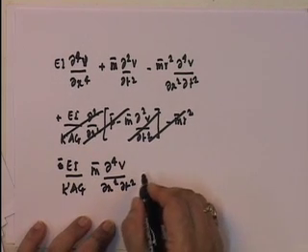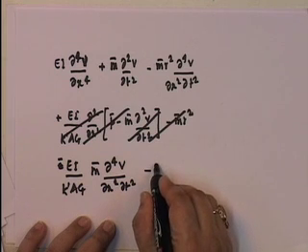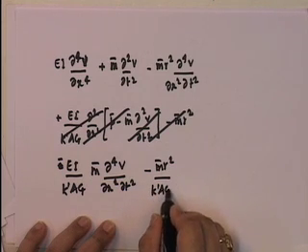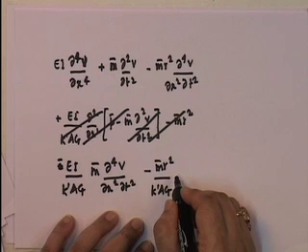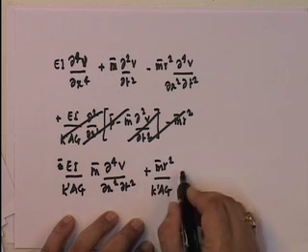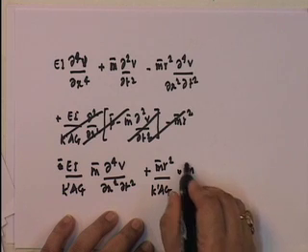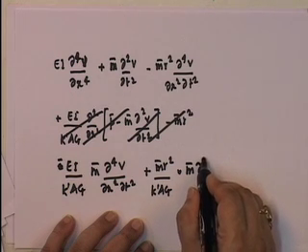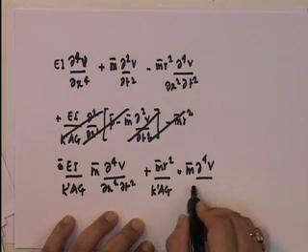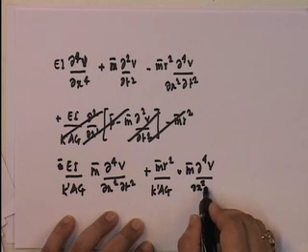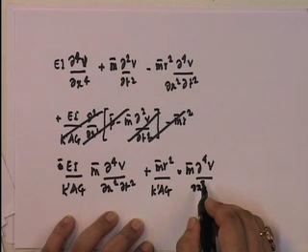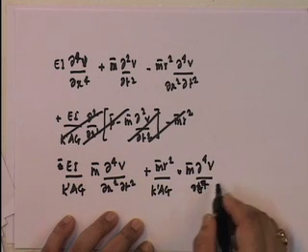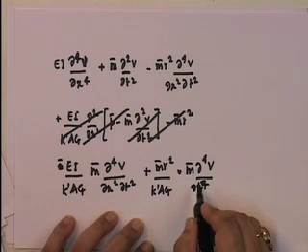Then we have minus m bar r squared upon k prime a g into m bar del fourth v by del x squared del t squared, sorry, this is del fourth by del t fourth.